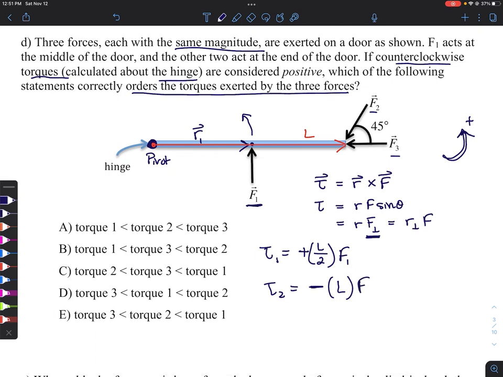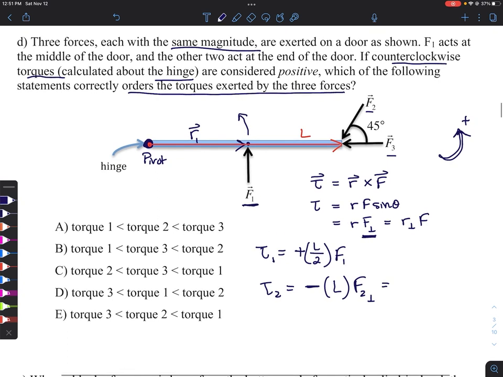And now we need the component of F2 that's perpendicular to the lever arm. So minus L times whatever F we find. We see that F2 is at a 45-degree angle relative to the lever arm. So we need to find the component that's perpendicular. In this case, F2 you could decompose into two vectors. There's this one, the component parallel to the lever arm, and this one, the component perpendicular. So we need to find this height right here.